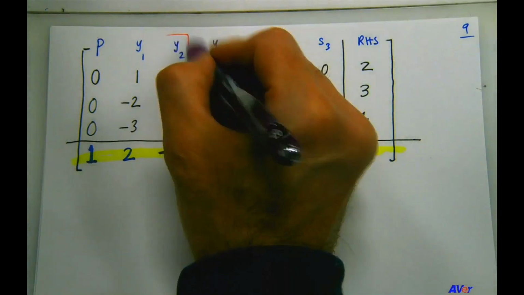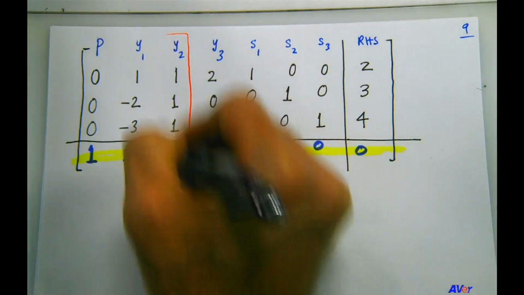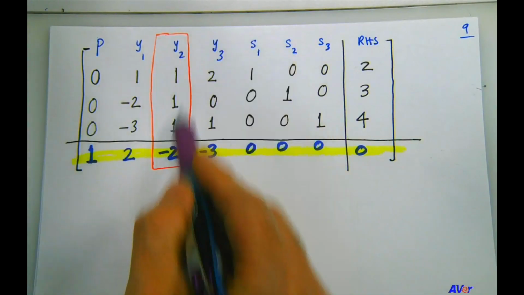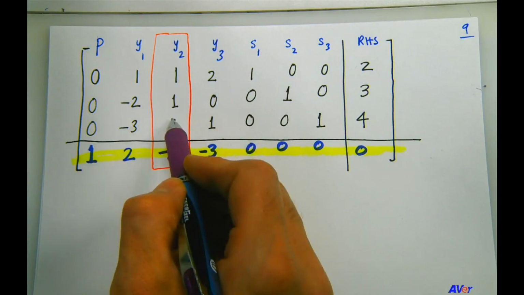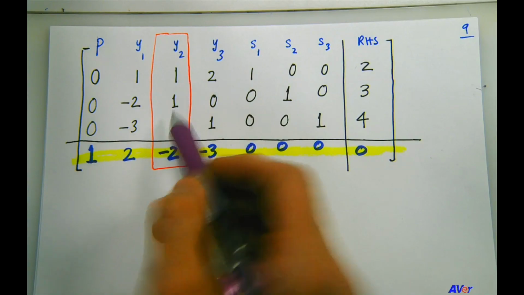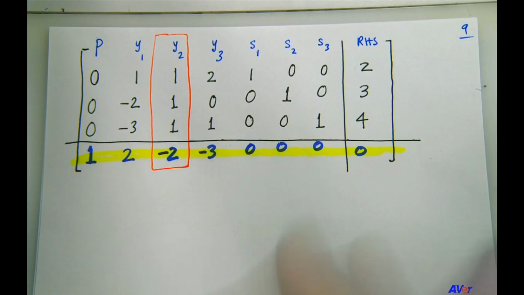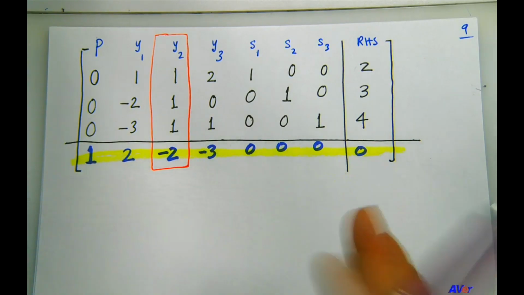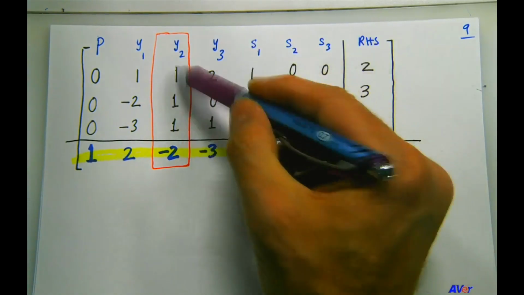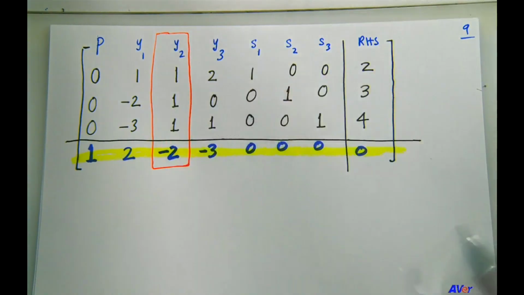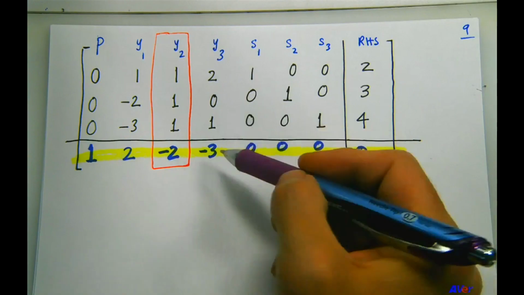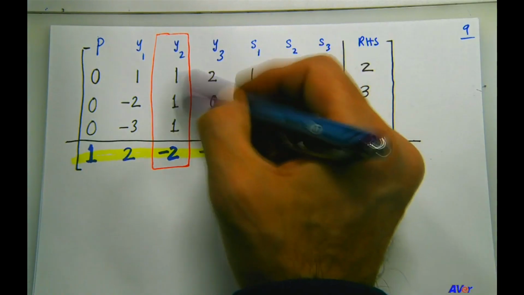So our pivot column is here. Now look above this negative number. All 3 numbers are positive, right? Just to recap what we already know, if all these numbers are either negative or 0, then we have no solution. We stop and we say no solution, if all these numbers are negative or 0.